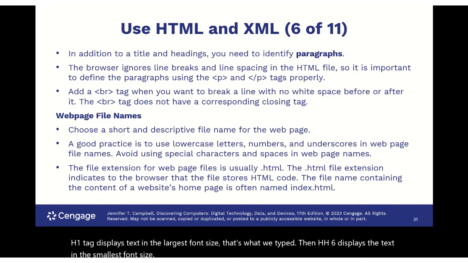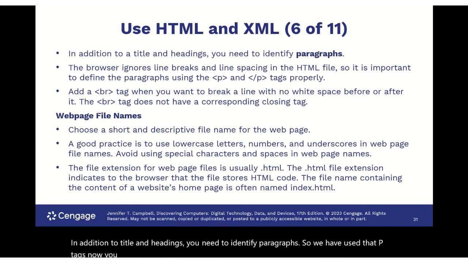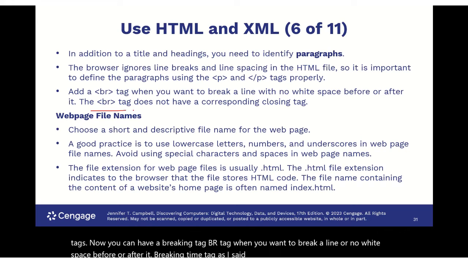In addition to title and headings, you need to identify paragraphs. So we have used the P tags. Now you can have a breaking tag, the BR tag, when you want to break a line with no white space before or after it. The BR tag, as I said before, does not have a corresponding closing tag.